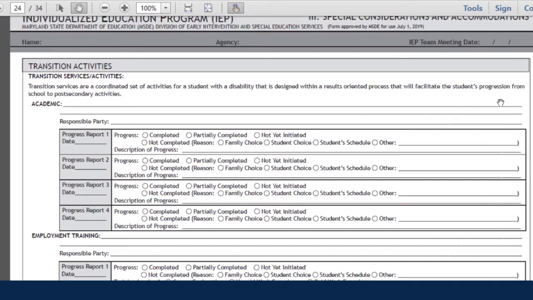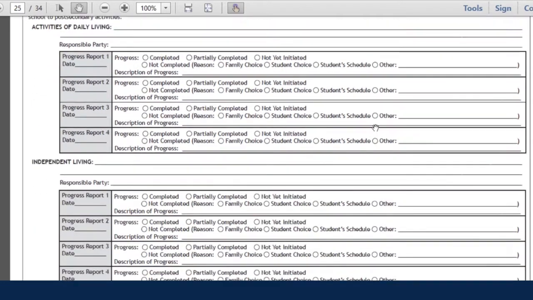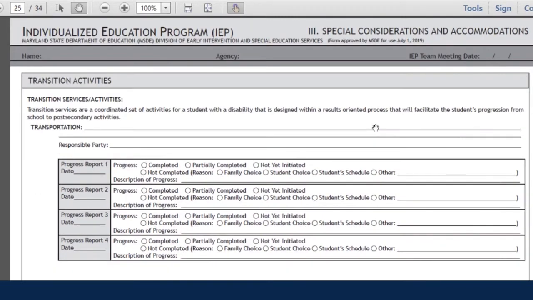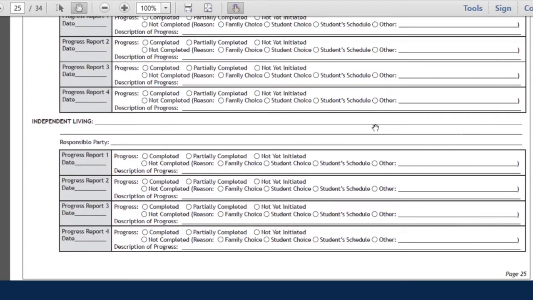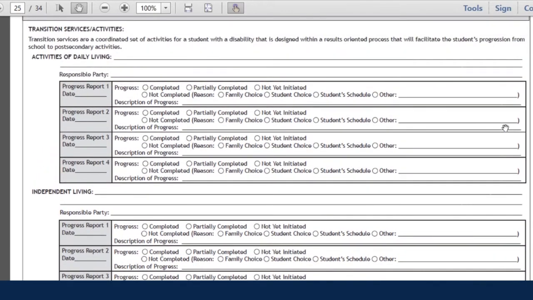And the other thing that we want to emphasize is that transition goals need to look beyond just academics, but we want to focus on academics, employment, and independent living, which would also be known as functional life skills. So, for example, your child might be doing very well with their general ed requirements toward graduation.